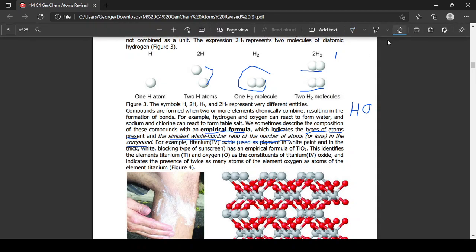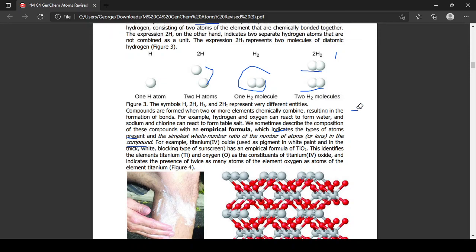An example of this is your titanium 4 oxide used as a pigment in a white paint in the thick and white blocking types. Has an empirical formula of TiO2. Isa ka titanium 4 and kadayon sang duwa ka oxygen or O2.